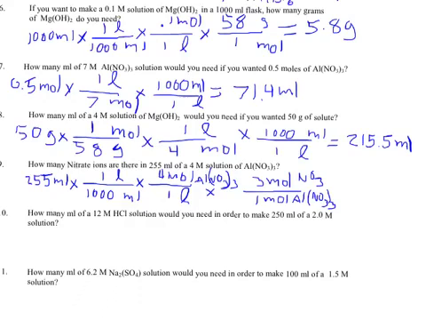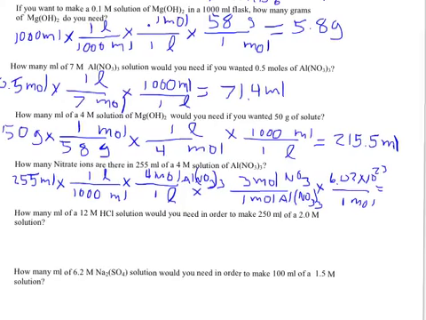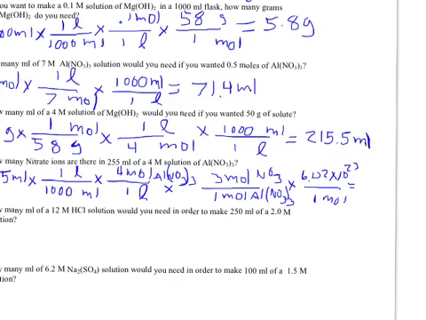And now I want to know how many ions, so I need to turn moles into particles. So I'm going to multiply and say 1 mole equals 6.02 times 10 to the 23rd. And I'm going to multiply that all through. And what that's going to give me, by golly, is 1.84 times 10 to the 24th ions.